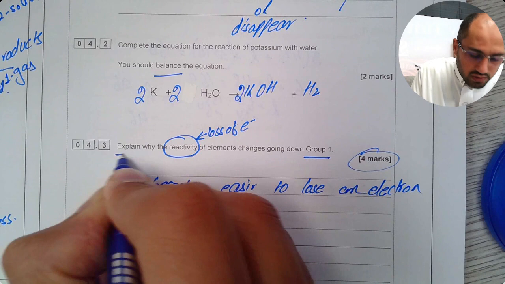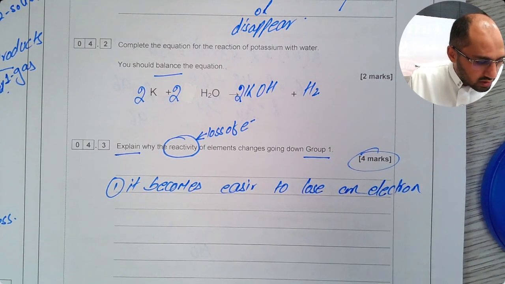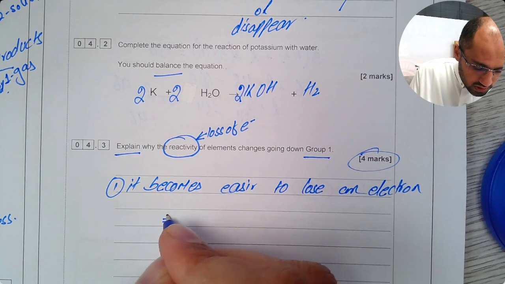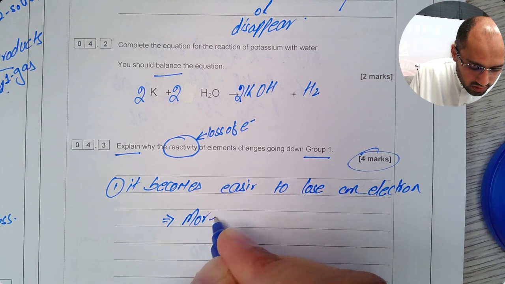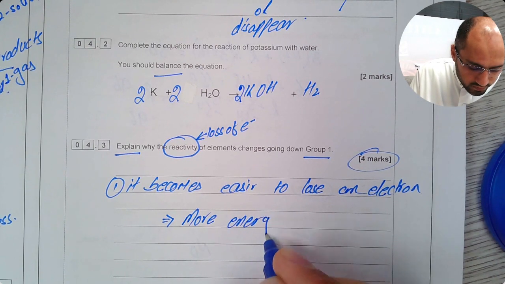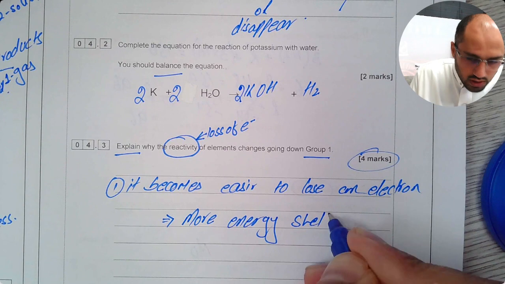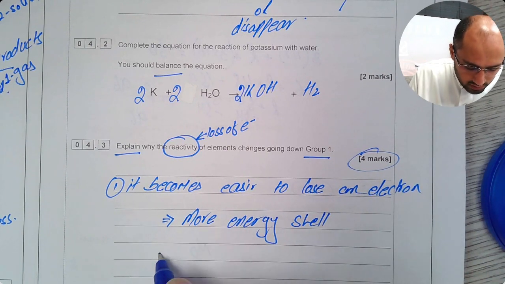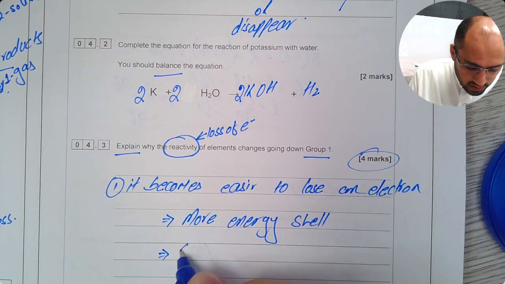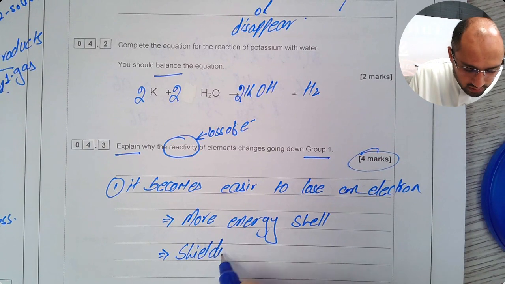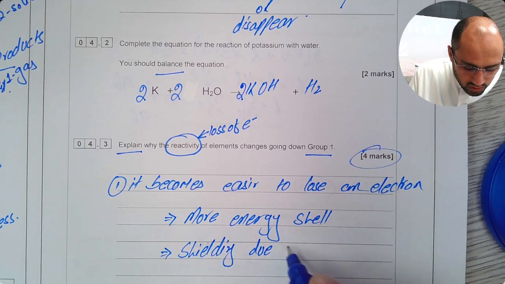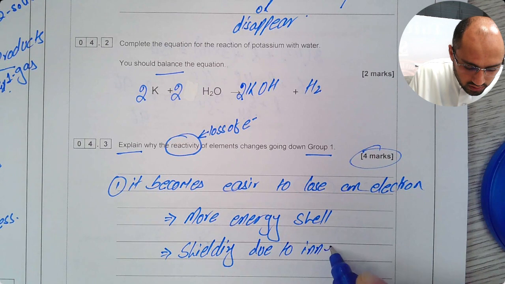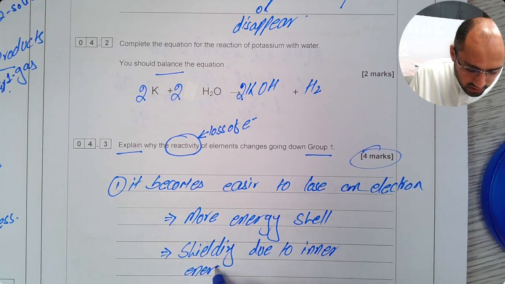Now I have to justify this statement. Why does it become easier to lose electrons? This is because more energy shells. As you go down, the atom is getting bigger. Number 2, shielding due to inner energy shells increases.